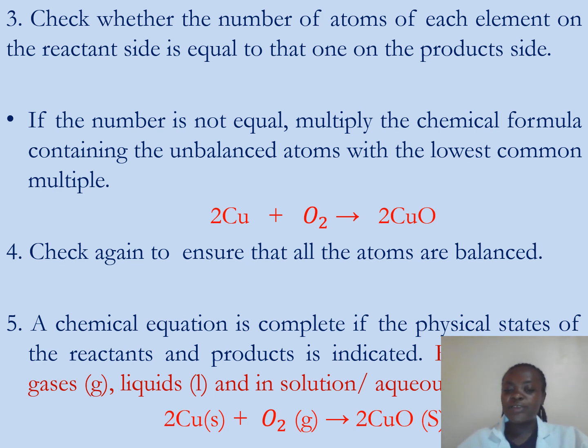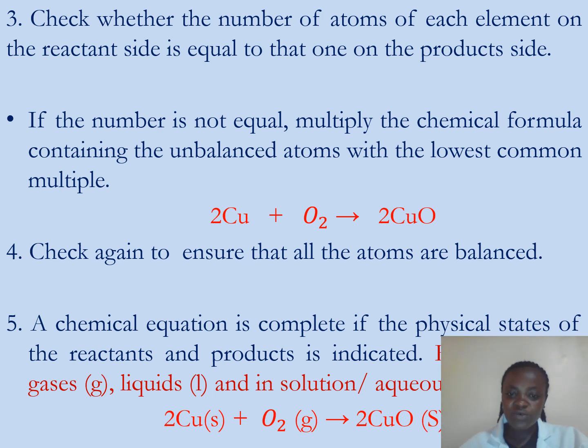Then what has happened to the number of copper atoms on the product side? Now the copper atoms have become 2. So this makes the reactant side have 1 copper atom. So we are going again to multiply by 2.